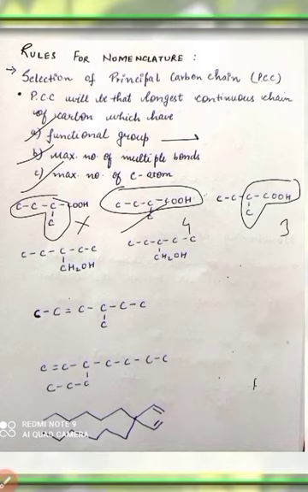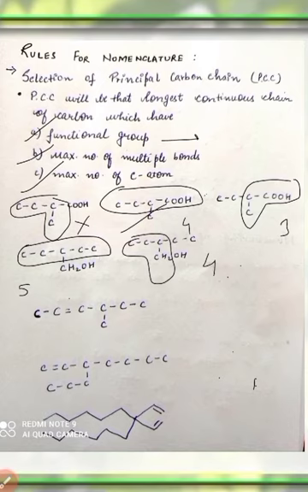Now next, there is one chain and this is another one. Now if we look at it, this one has 5 carbons, this one has 4 carbons, but as this chain has the functional group, this will be the parent carbon chain.